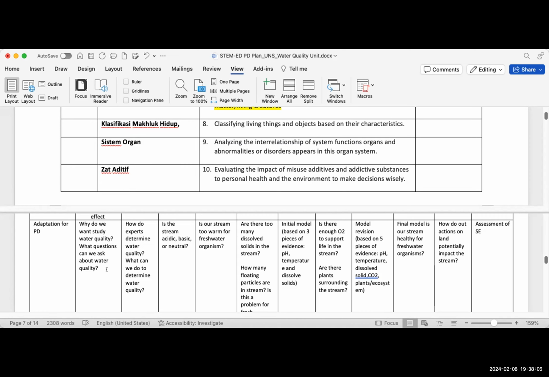So are you going to have them look up how experts determine water quality? Water quality, you mean how experts determine water quality?